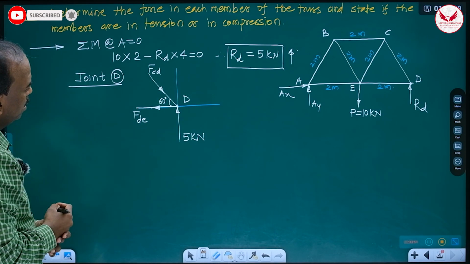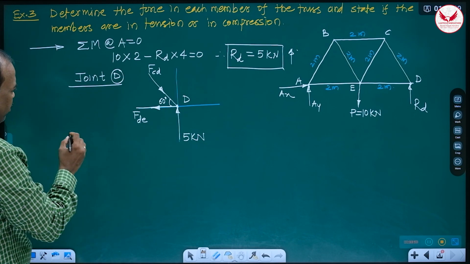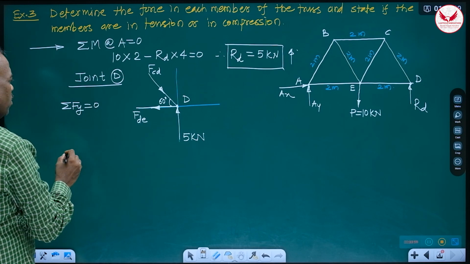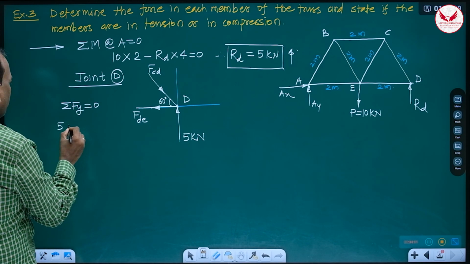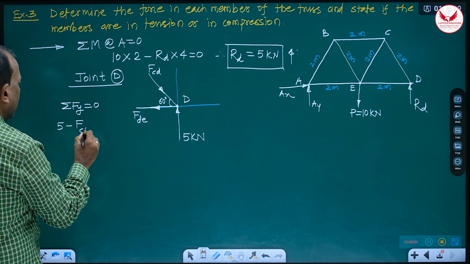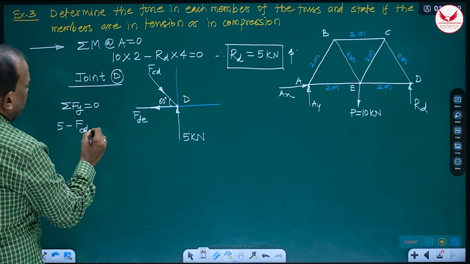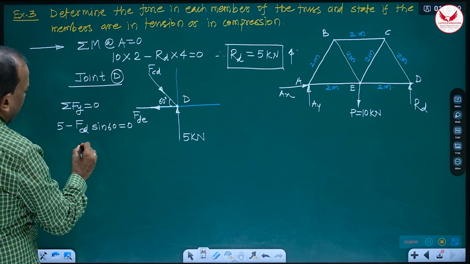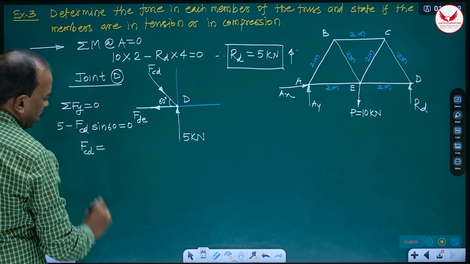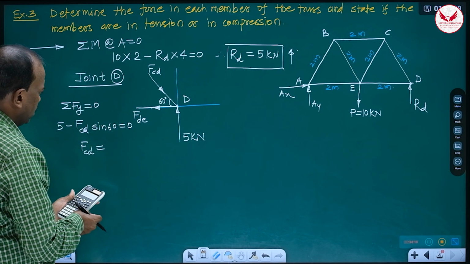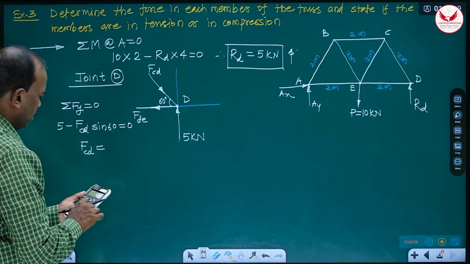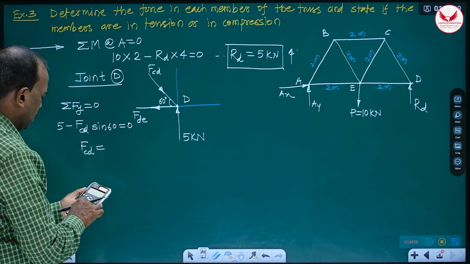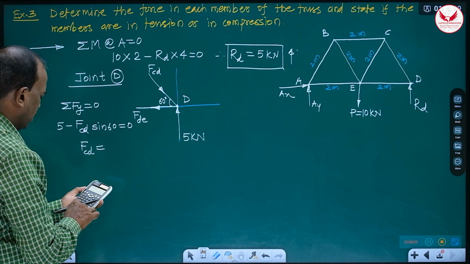Now unknown is horizontal. Straightway you use condition summation Fy is equal to 0. For summation Fy, 5 minus FCD sin 60 is equal to 0. Then from this we can write FCD is 5 divided by sin 60.